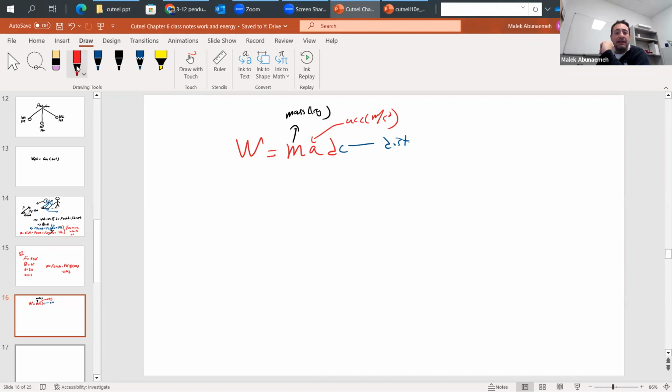Where we just defined that, and I'm going to write it down, we define the work as F D cosine theta, and we do it on 0. So let's say this is 1, so it's going to be equal to F D, where F is your mass times acceleration.